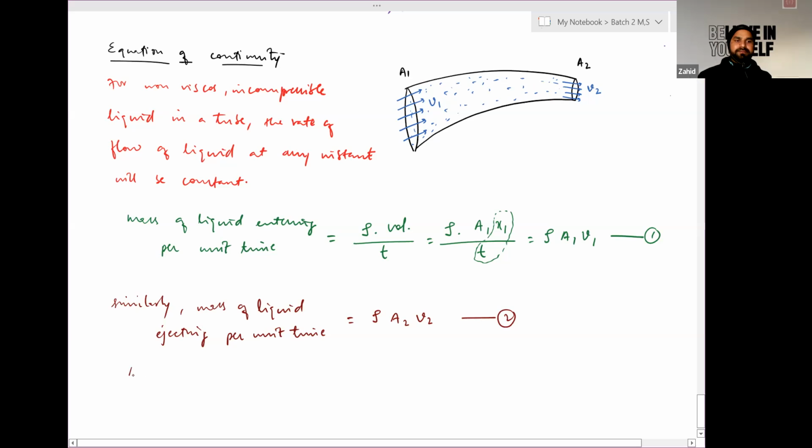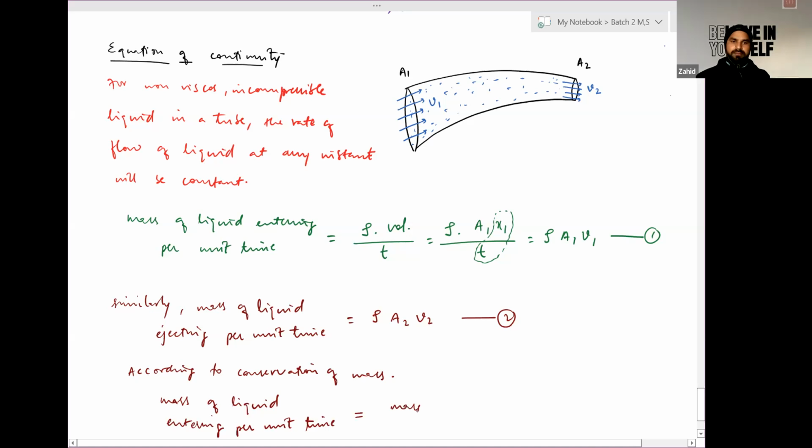So we can write, according to conservation of mass, mass of liquid entering per unit time will be equal to mass of liquid ejecting per unit time.